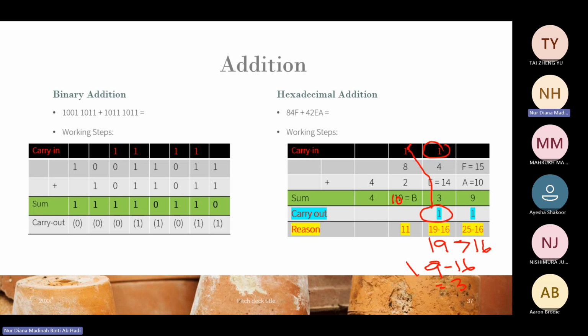No. Since it does not exceed, we don't have a carry out, so we put it as 0. And the carry in also would be 0. So 0 plus 4 is equivalent to 4, so there would be no carry out. So this is how the thing looks like. So far, do you have any questions?